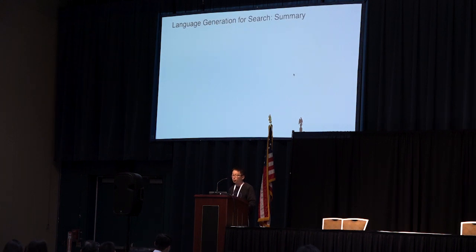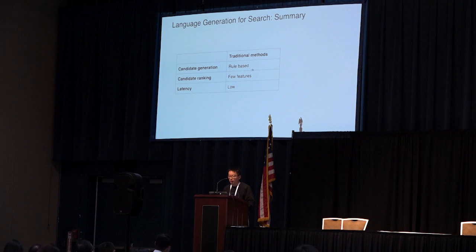Okay, that's all for the language generation part of the 4 topics. I would like to give a brief summary. In the traditional method, it's always decomposed into 2 steps, generation and candidate ranking. The generation is rule-based, and in the ranking part, there will be very few features.